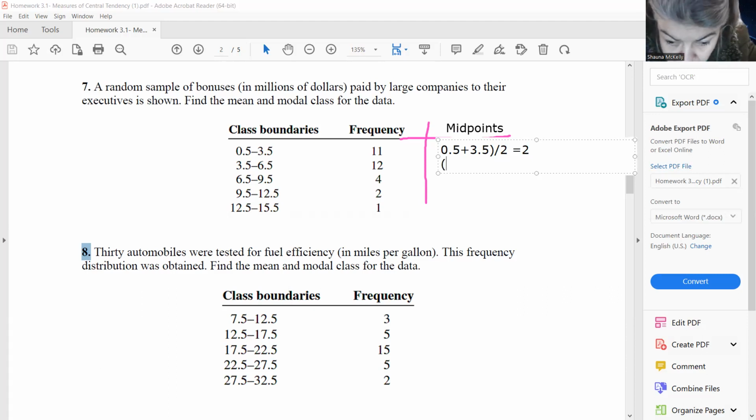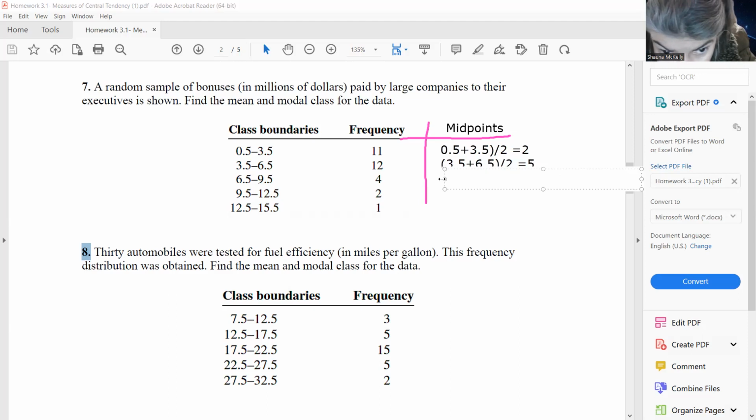So we have 3.5 plus 6.5, divided by 2. That's equal to 10 divided by 2. That's 5. Okay. We keep going.